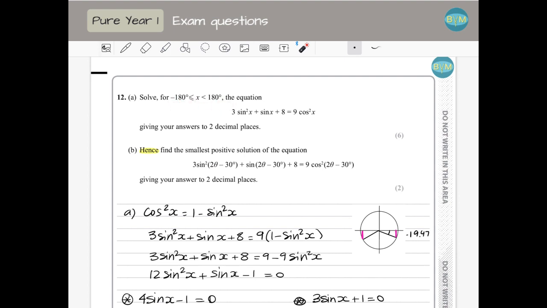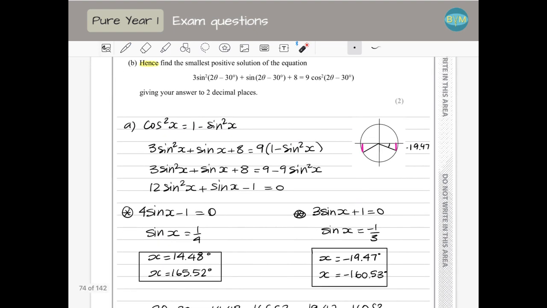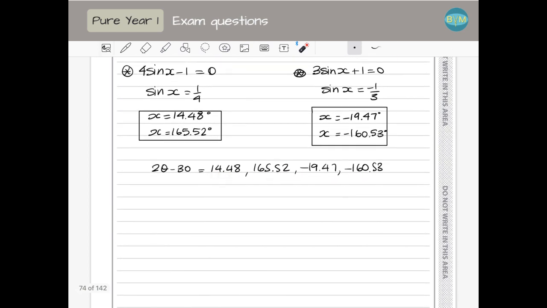It's going to be between minus 390 and 330 for 2 theta minus 30, but I don't need to find more solutions than the ones that I have here, because they are asking me about the smallest positive. So it's going to be using this one or this one, really.